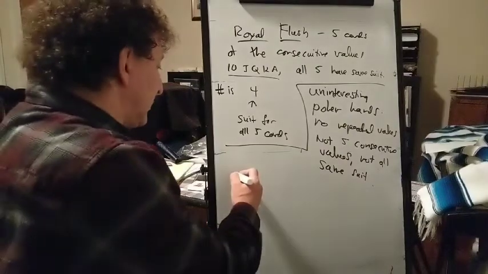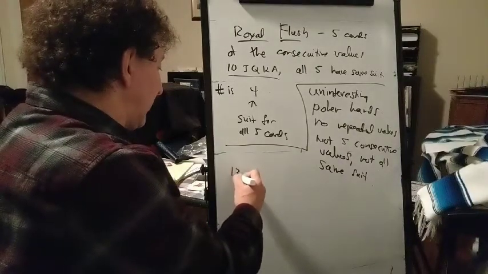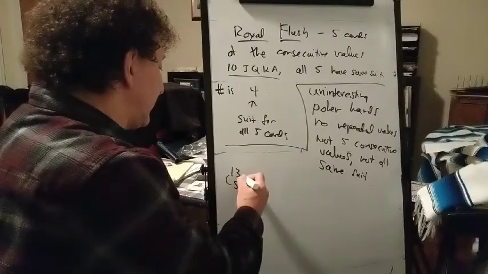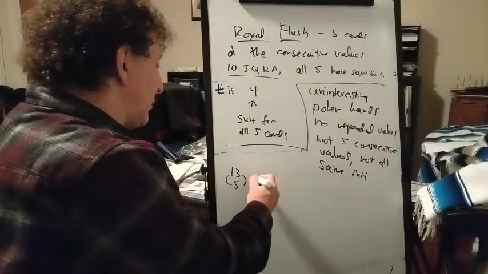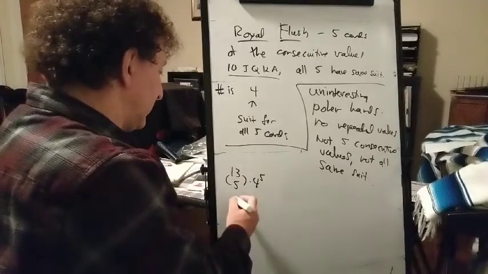Alright, at the end of the last video we counted the number of poker hands that had no repeated values. So that was 13 choose 5 values, 5 different values, times 4 to the 5th suits.